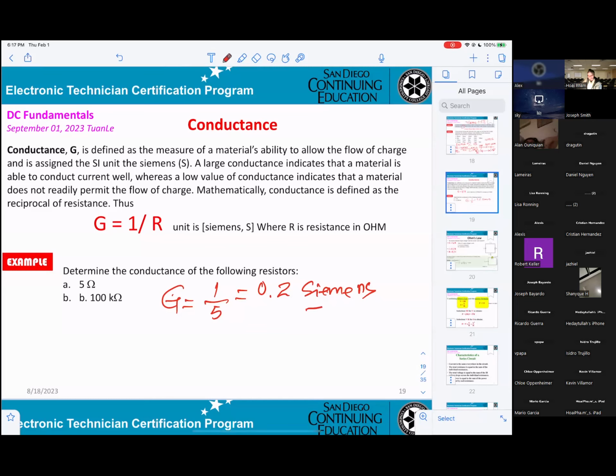The unit of conductance is siemens. Is it clear for you? Yes, thank you. And remember, conductance is the opposite of resistance. Resistance opposes the current flowing, but conductance allows the current flowing.